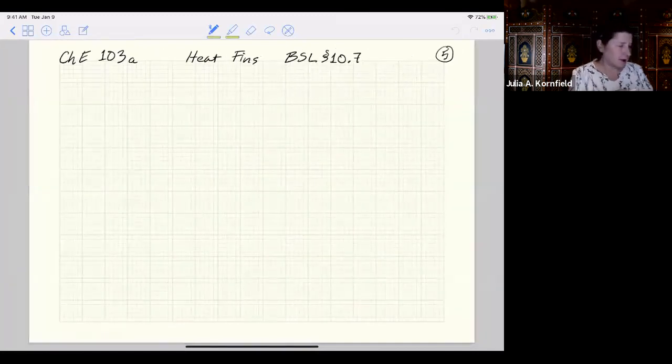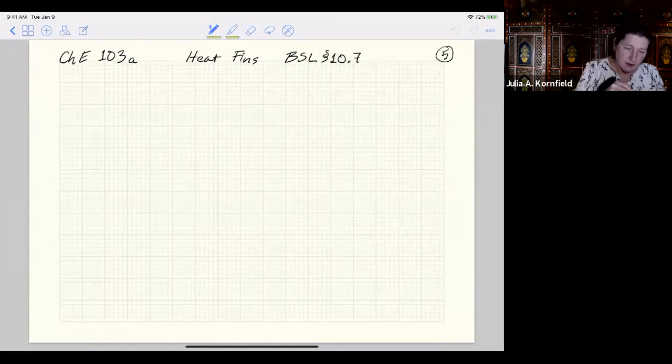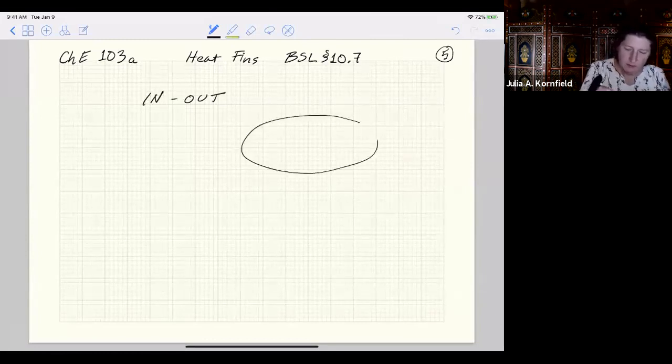If you have a cross-sectional area that's changing, you'd want to do the shell balance a little bit differently than we did last time in the first half. So if you look at the net input of energy, in minus out, into a shell of a fin. So previously we drew a rectangular fin, but now suppose we have a cylindrical fin.